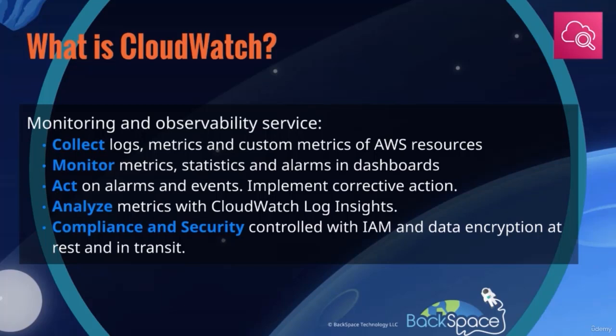You can act on alarms and events and then implement corrective action in the event that there is a problem. You can analyze those metrics and logs with CloudWatch Logs Insights. And it has high compliance and security because access is controlled with IAM and the data is also encrypted at rest and in transit.